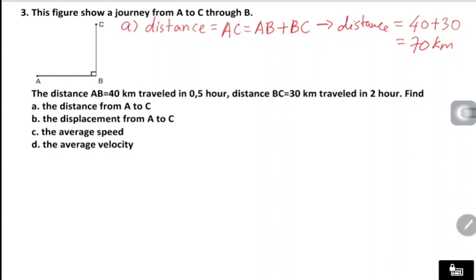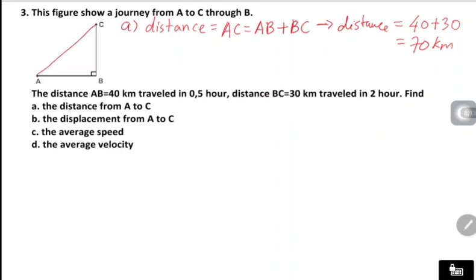Okay. The displacement from A to C. In the displacement, we have to see the initial point and the final point, and we have to draw a line from initial point to final point.